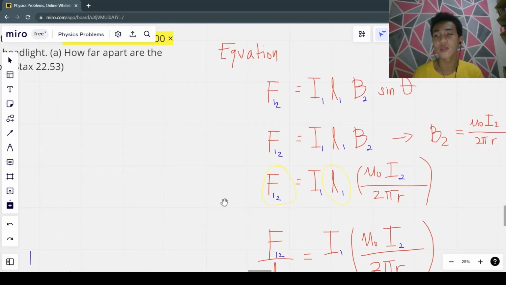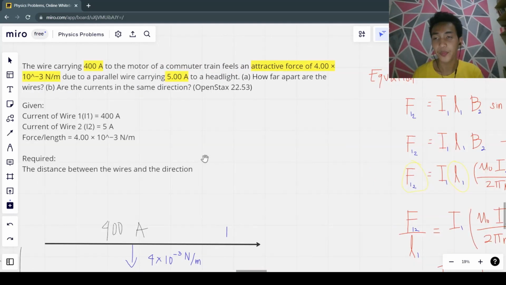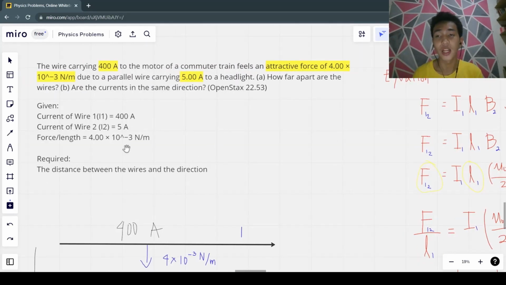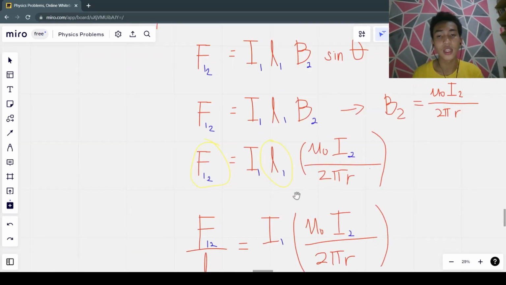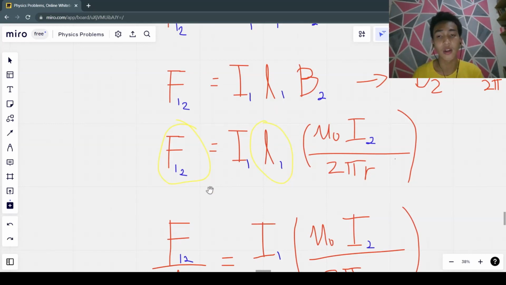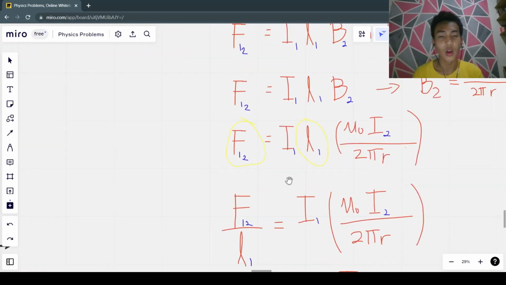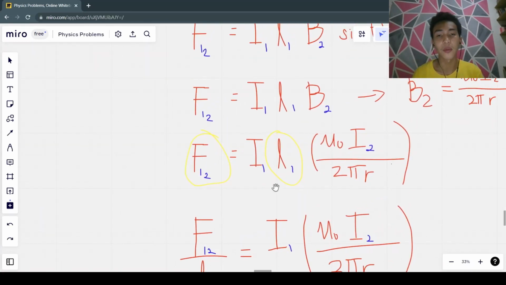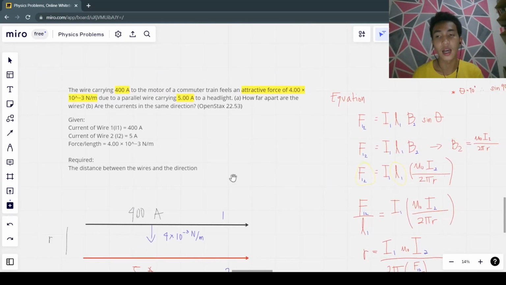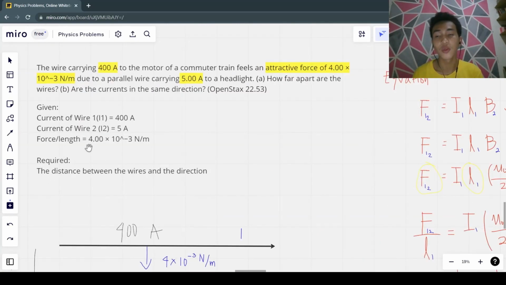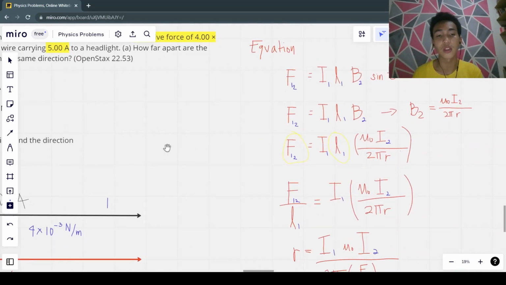So kung papansin nyo sa given natin, meron tayong force per length. So dito sa equation natin is meron tayong force at meron din tayong length. At saka yung force per length na to is for wire 1 to. So we can just put these two variables together so that we have this force per length, which is equivalent to 4 times 10 raised to negative 3 newtons per meter.